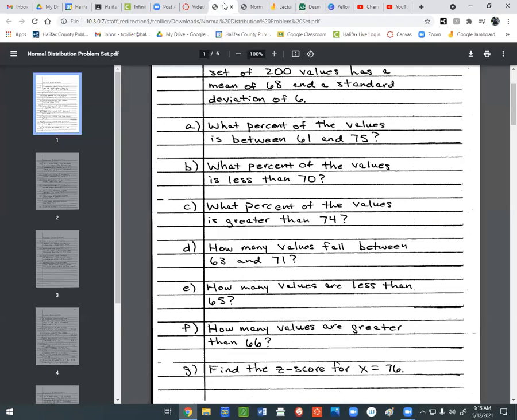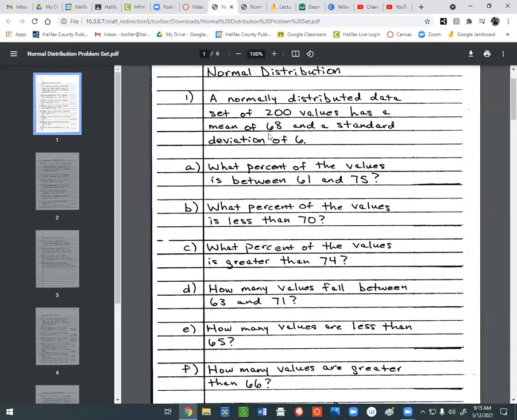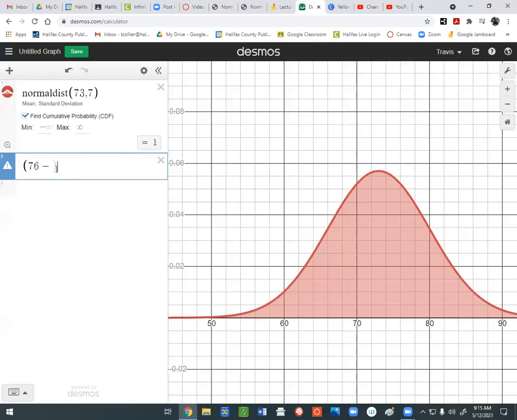Now the average was 68 in the last problem. So I'm going to subtract 68. I get 8 at the bottom of the box. But then I have to divide by the standard deviation.